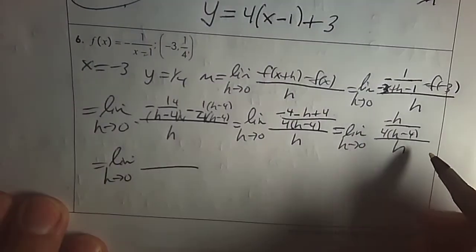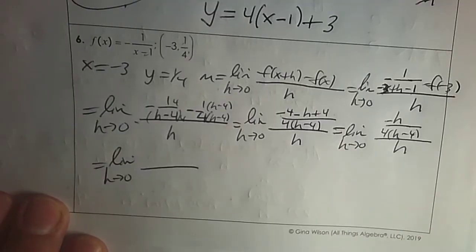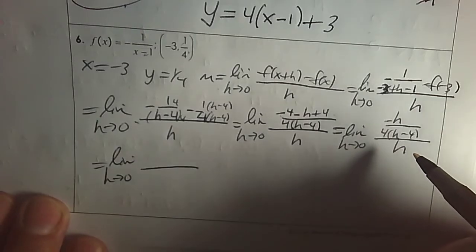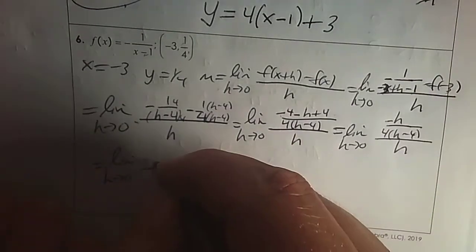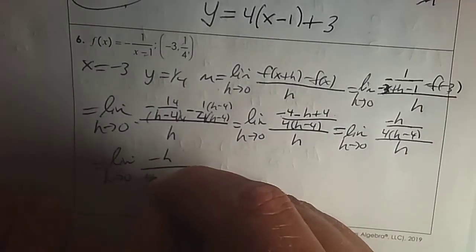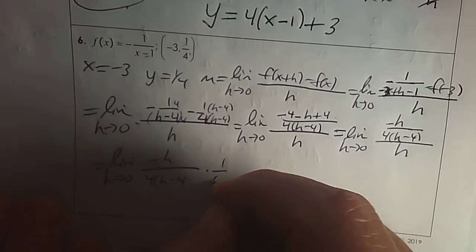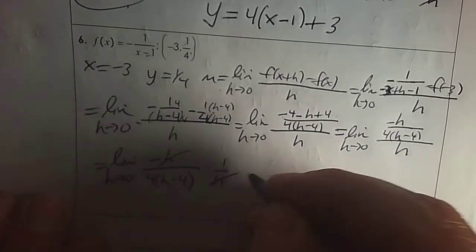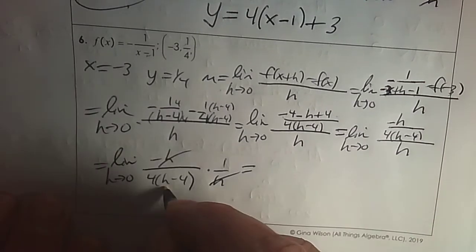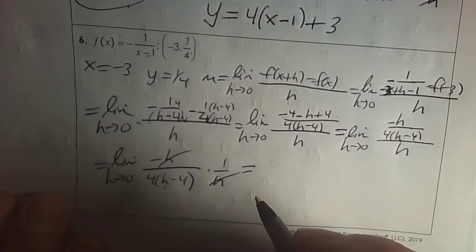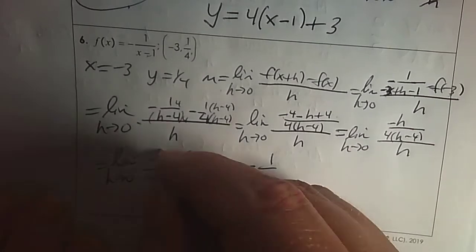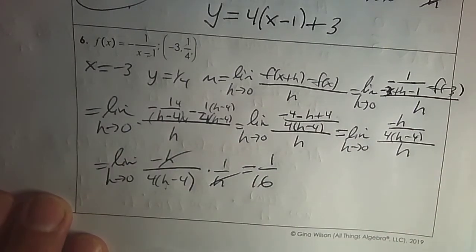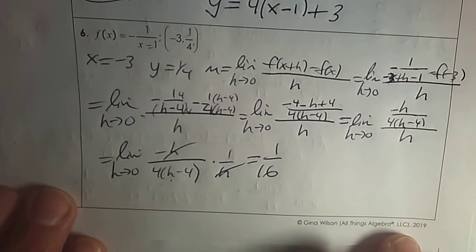Next, notice that we're going to go times the reciprocal of the denominator. And the h's divide out, and then plug in 0, and you get positive 1/16, because the negative and the negative makes it positive 1/16. So now we have what we need.